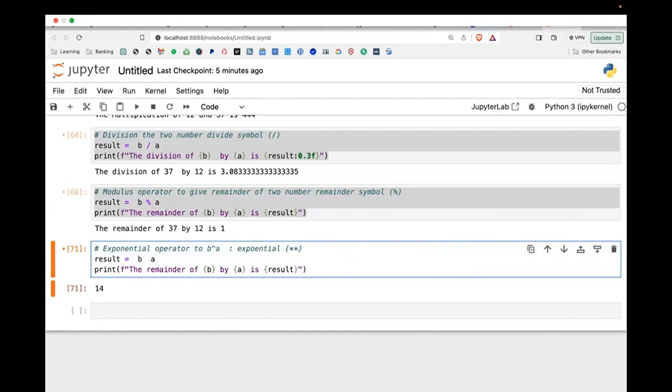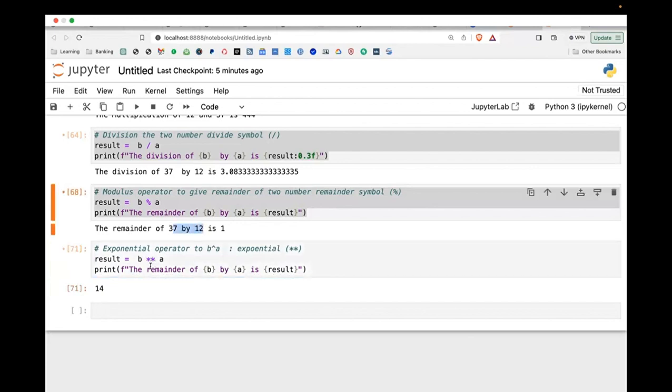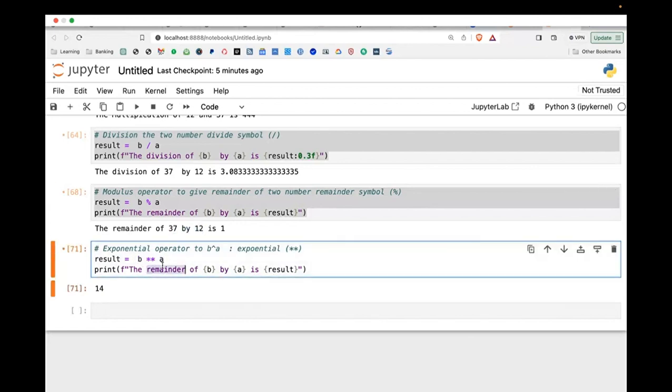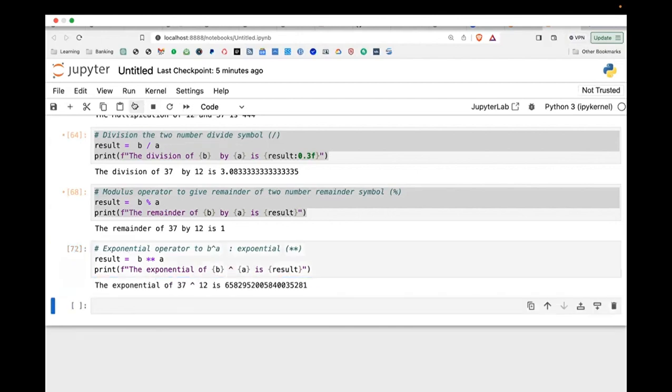So 37 to the power 12 would be the exponential of this, but the b value is quite big.